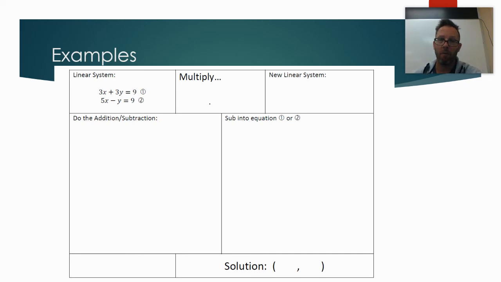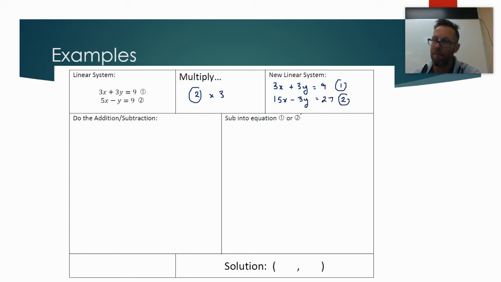All right, so if you suggested to match the y's by multiplying equation 2 by 3, good for you. The new linear system would look like this. 3x plus 3y equals 9, equation 1. And then we would get 15x minus 3y equals 3 times 9, which is 27.